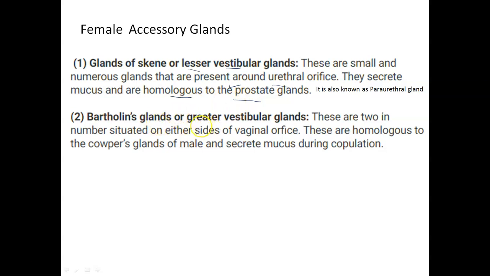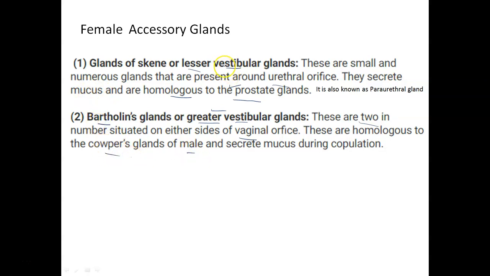Now the next gland is the greater vestibular gland. I told you that at the vestibular region two openings are there. The greater vestibular glands are present at the vaginal orifice. They are only two in number, that is a pair. The pair of greater vestibular glands are also known as Bartholin glands, and they are homologous to the Cowper's glands of the male.